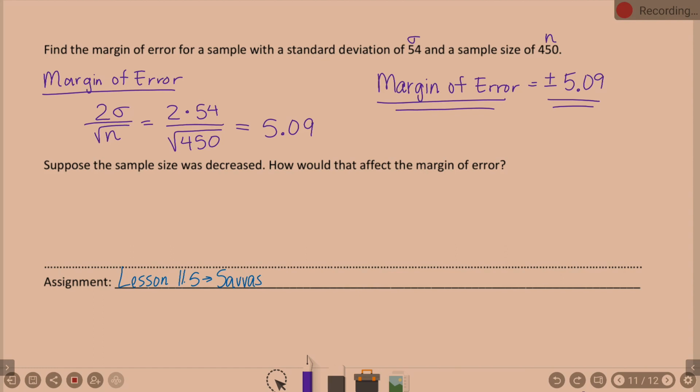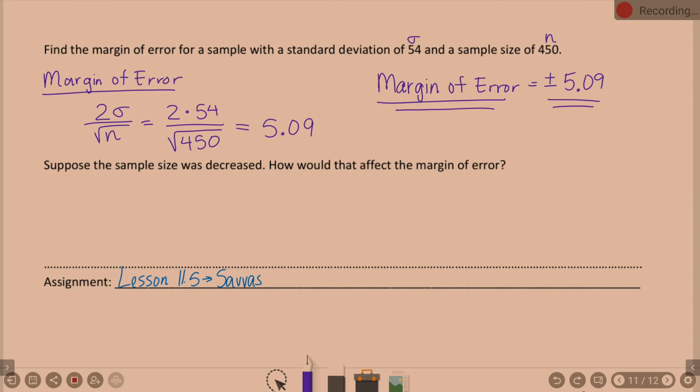Now, reason it out. Suppose the sample size was decreased. How would that affect the margin of error? The margin of error increases. So if we take a smaller sample, instead of taking 450, we take 400, 200, 100, what's going to happen to this number?